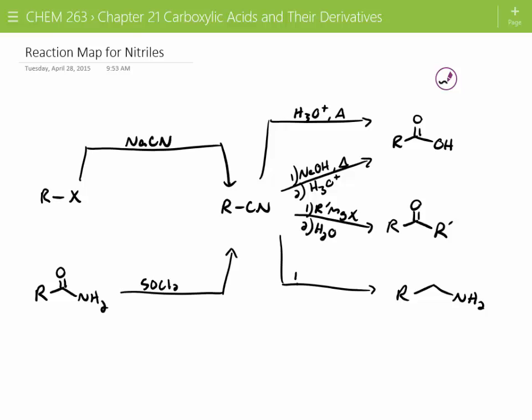Yep. Lithium aluminum hydride. And we need excess. And then we follow it by adding in water. So it's a pretty straightforward procedure. All right. So that's the meat of chapter 21.